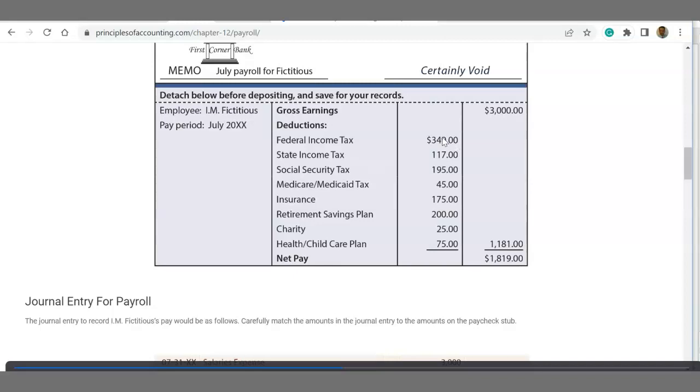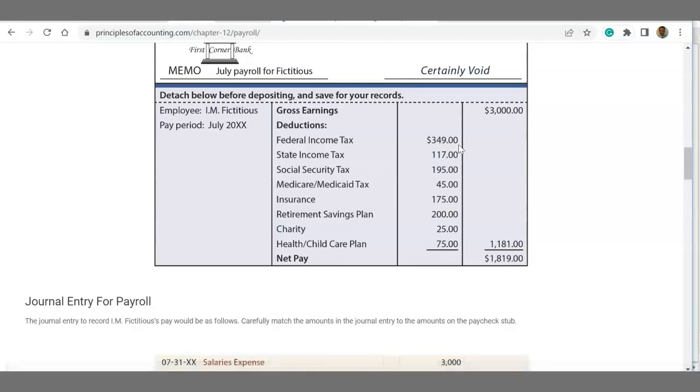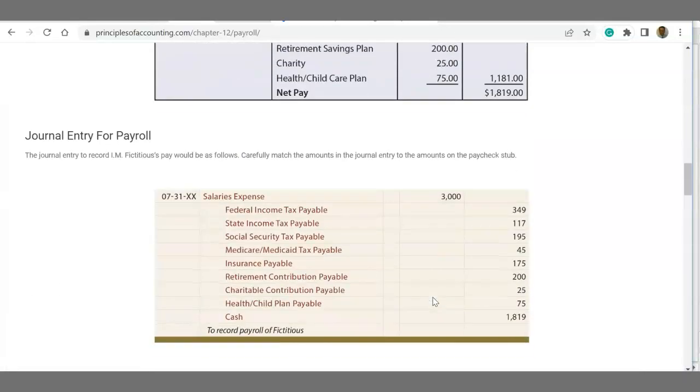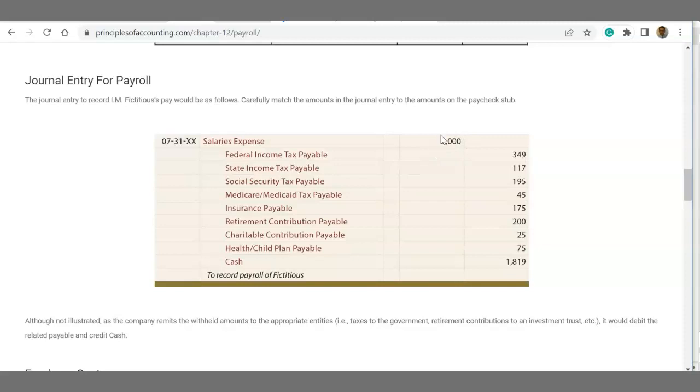Okay, those things that have been withheld from the paycheck are not something that belongs to the business. That belongs to current liabilities because the company is withholding this for a third party. So here, there's $3,000 salaries expense, which is the cost to the company.